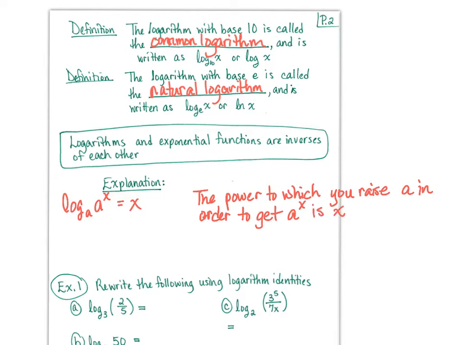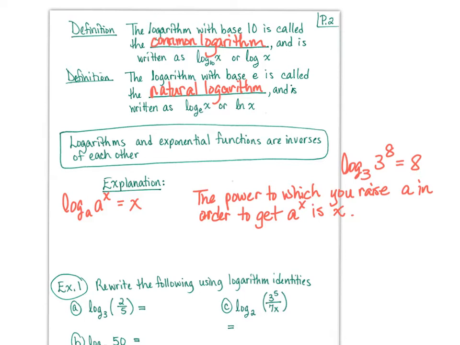An example is log of 3 to the 8 base 3, which is equal to 8, because in order to get 3 to the 8th, 3 has to be raised to the 8th.